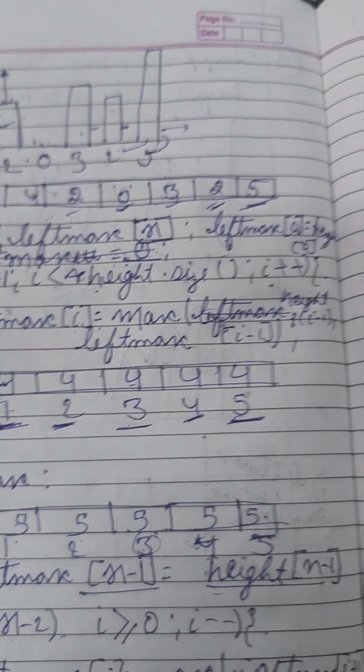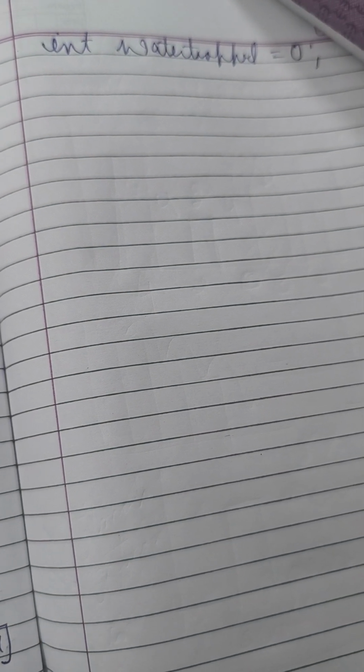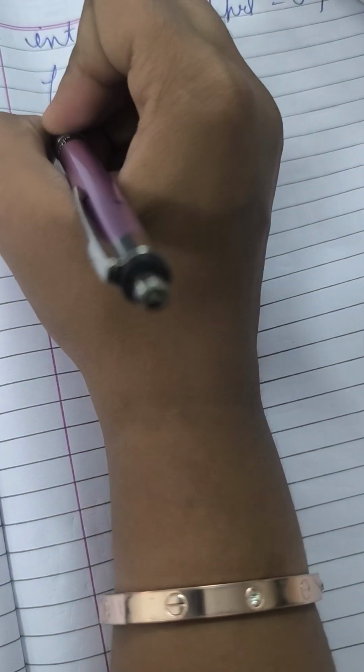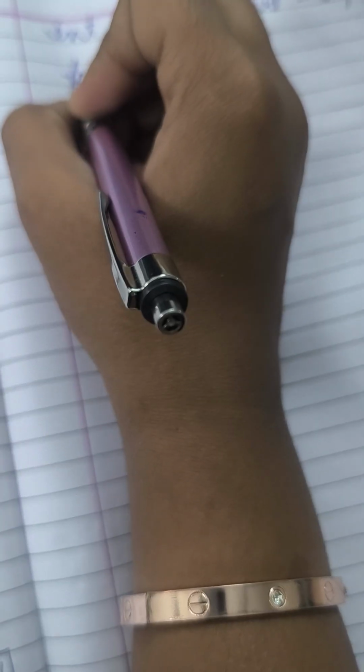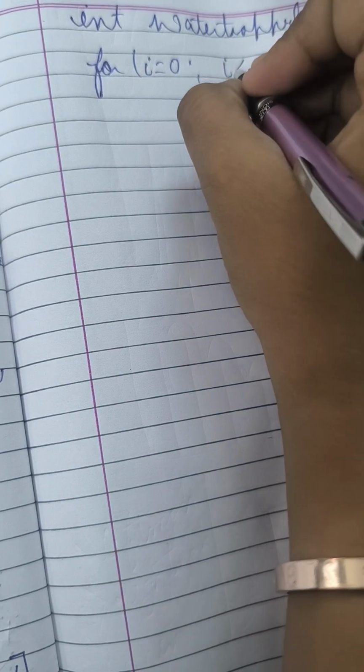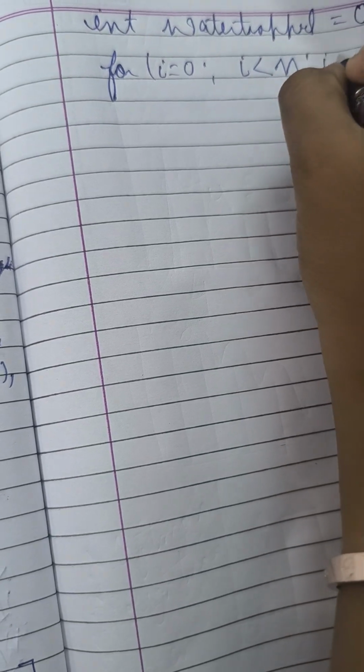So for this case, I have to run the loop from I equals to 0 to I greater than 1 and I plus plus.